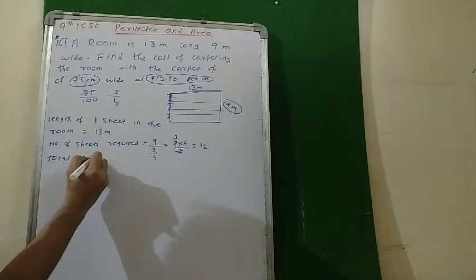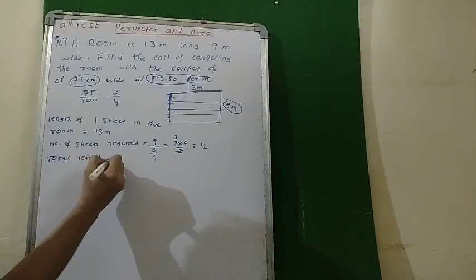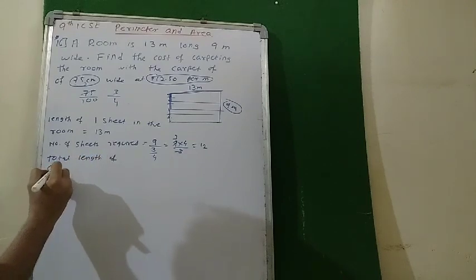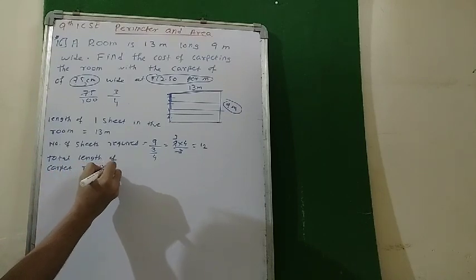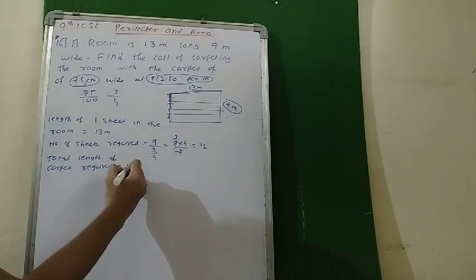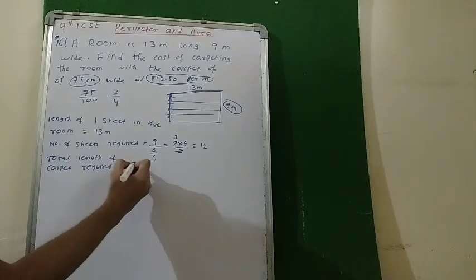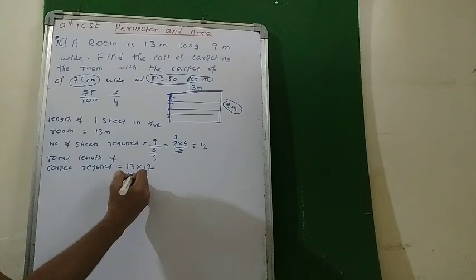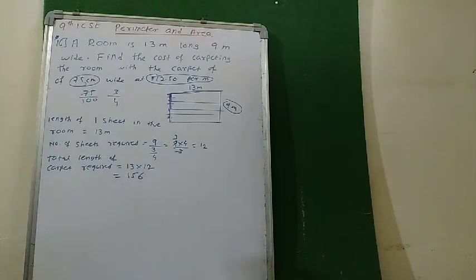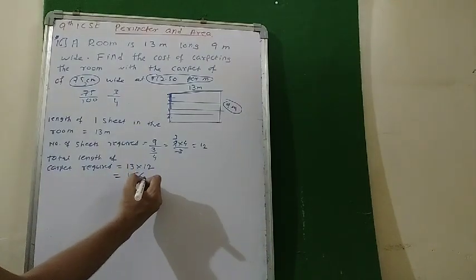length of carpet required will be, total one sheet is 13 meters, and how many sheets are required? 12 sheets are required. So what is the total length of the carpet required? 156 meters.